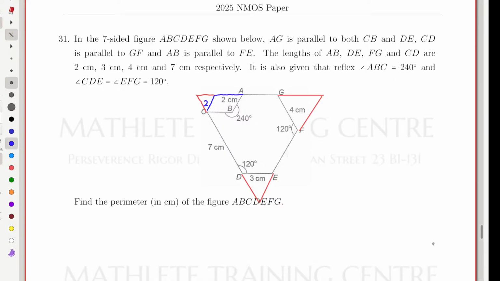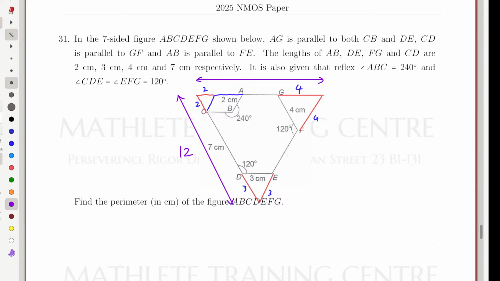So this is 2. Let me erase this. This is 2, this is 2, this is 3, this is 3, this is 4, this is 4. Yeah. So now this is equals to 2 plus 3 plus 7, this is 12. So this is also 12.